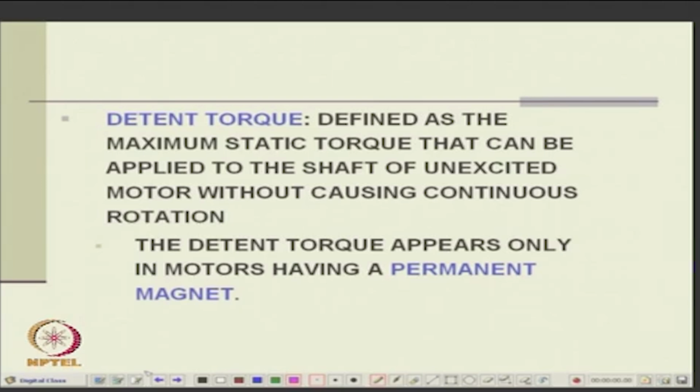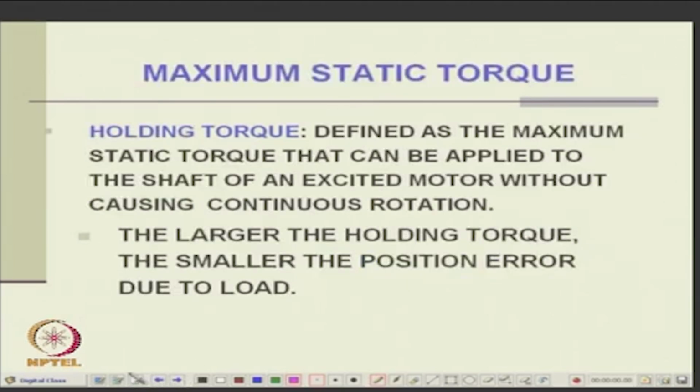Now, there is what is known as a holding torque. Supposing you fix it to some position, how much torque can you put on that one? Supposing you have passed a current in the stator and the rotor aligns with that, but you go on increasing the torque.